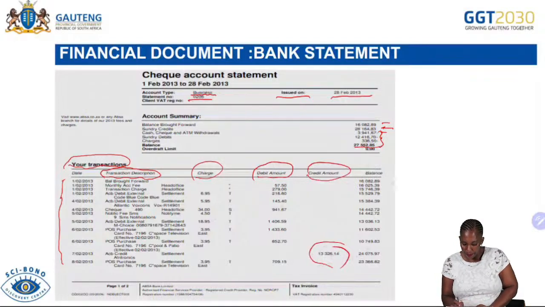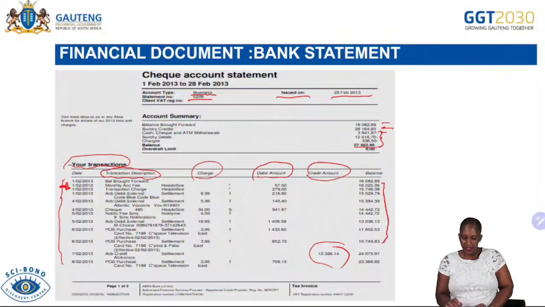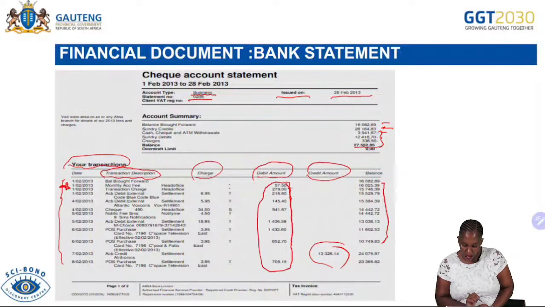If you have a look here, from the 1st of February 2013, the opening balance, the balance brought forward, and then on the 1st of February, the transactions that took place here, it is the 1st of Feb. Now the transactions that took place here, they took place up until there. These are the transactions, the debit amounts. So that means these amounts from here, they were debited from your account.